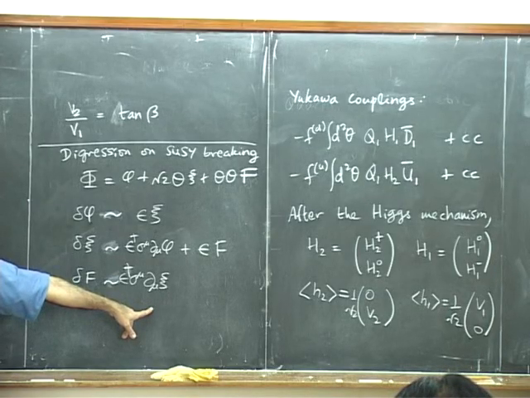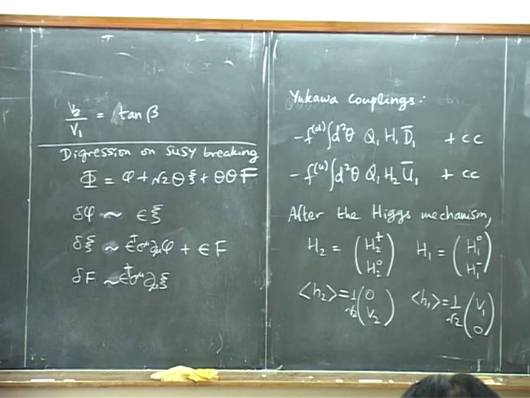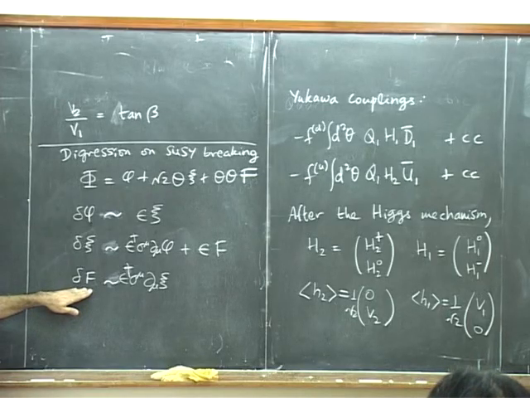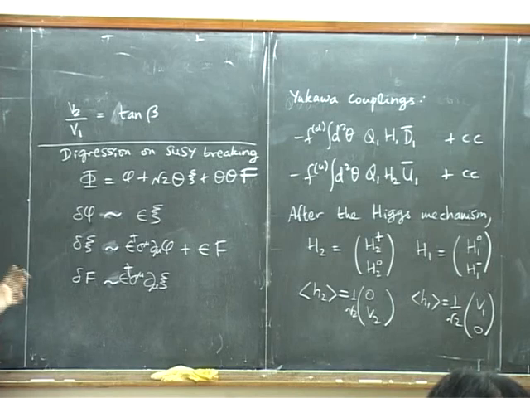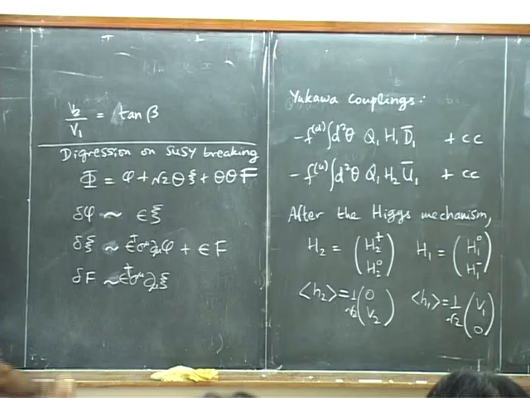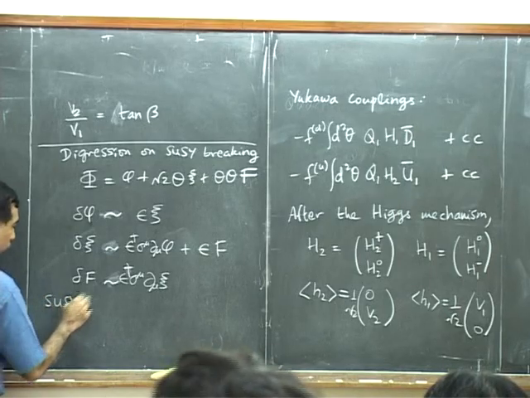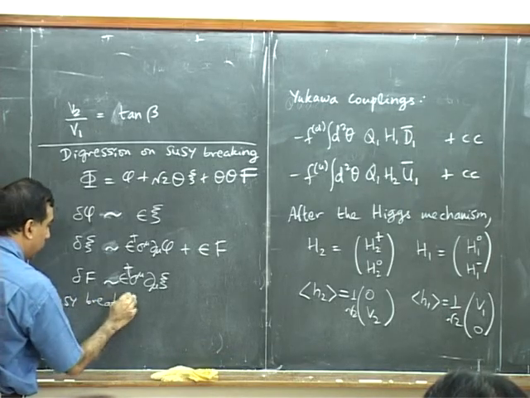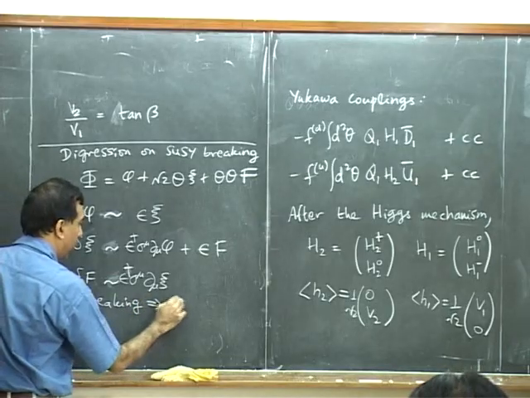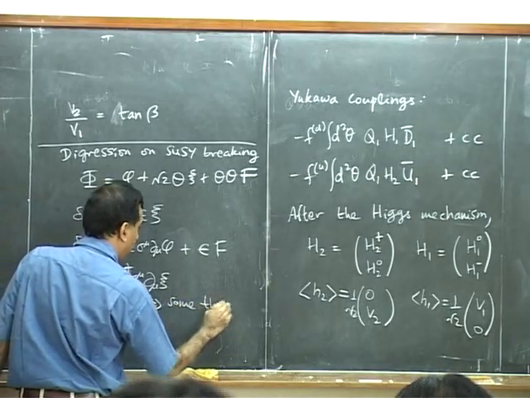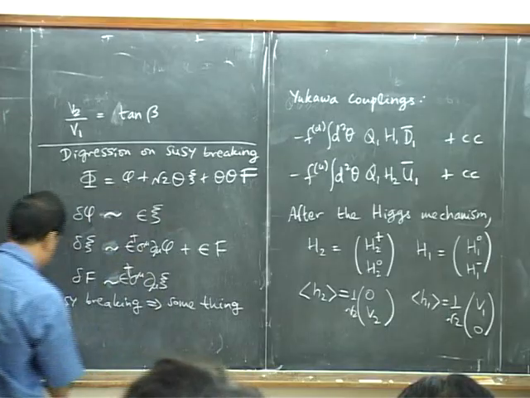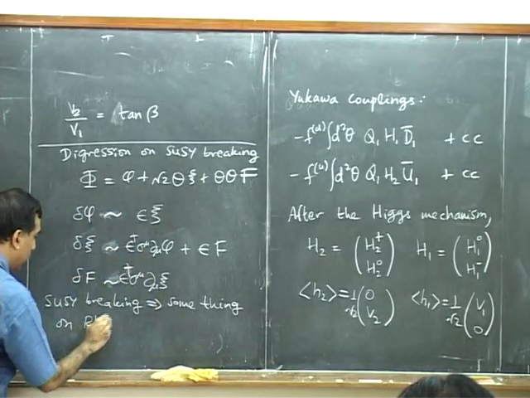Because then when I have a configuration of phi, psi, and F, and I vary it, its variation will not be zero, which means that configuration breaks supersymmetry. So SUSY breaking requires something on the right side to get a wave. Now you see how few options there are.